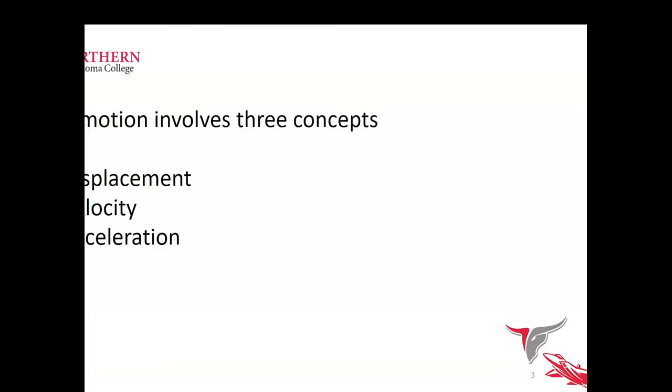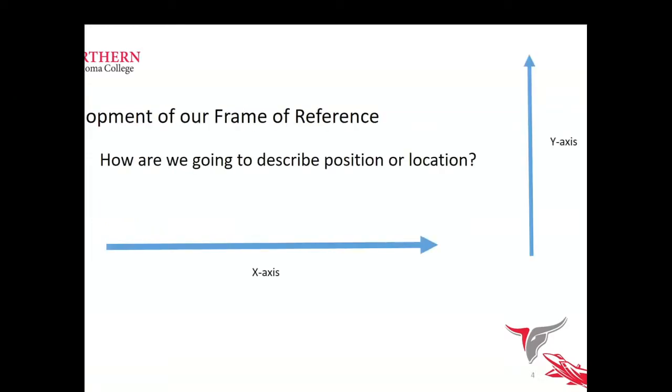That means where I stopped and where I started, that displacement part, in the time that I did it. So velocity is going to be displacement versus time. And then I'm going to look at acceleration. We're going to be looking at velocity, displacement, and acceleration.